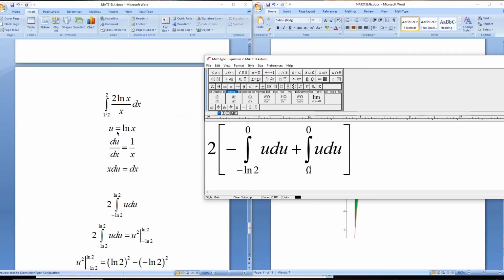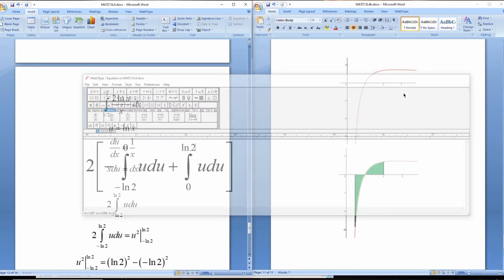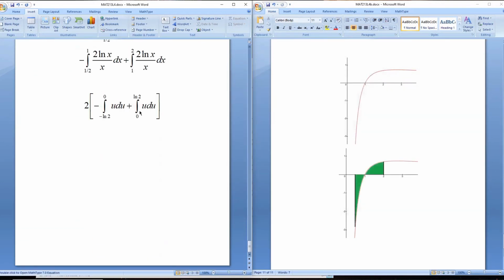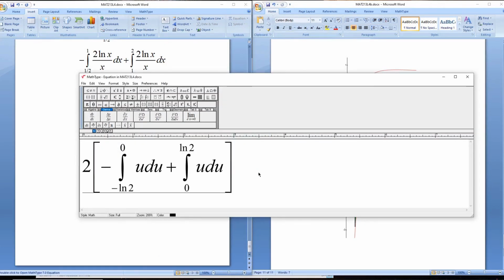Plugging that into the u equation, so log of 1 is our bottom 0 there, and then the 2. So we'll have log 2. And so here is our integral now in terms of u, and now we'll get those antiderivatives.